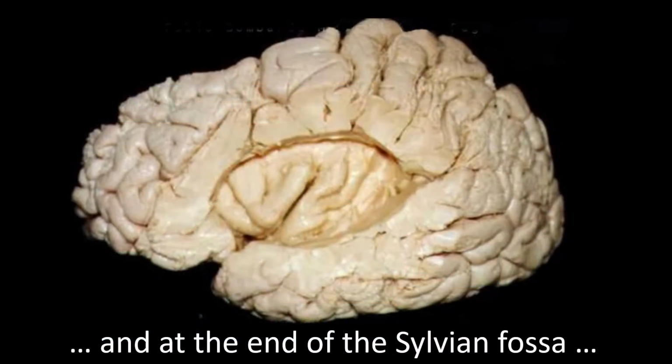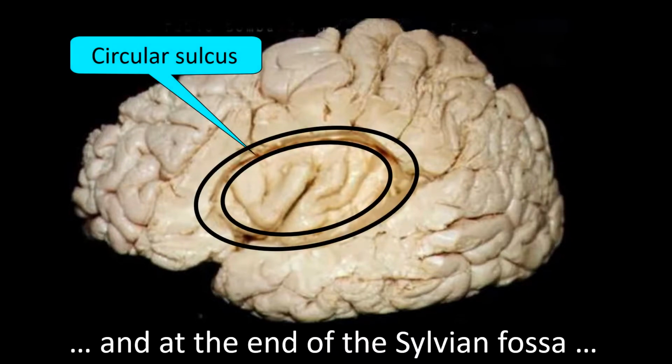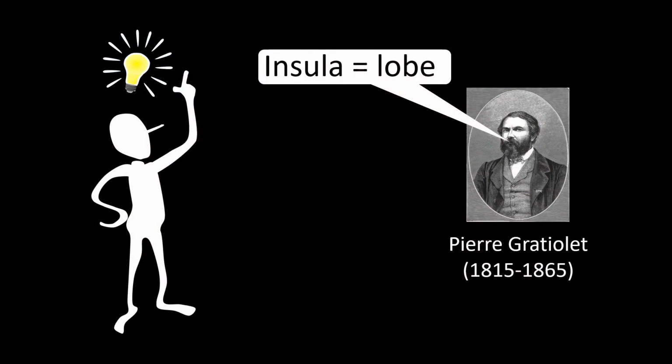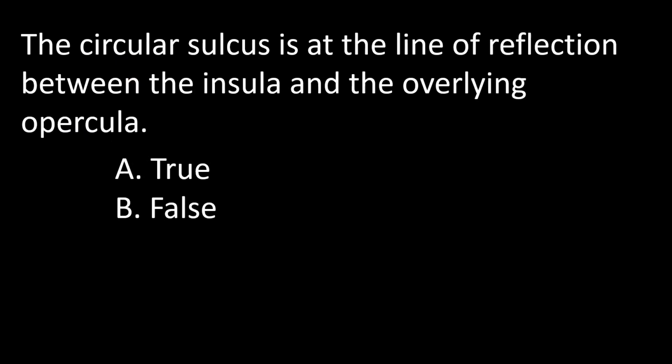This is a much more poorly dissected specimen, but the circular sulcus can be better appreciated. Pierre Gratiolet considered the insula to be a cerebral lobe. So the answer to this question is A.